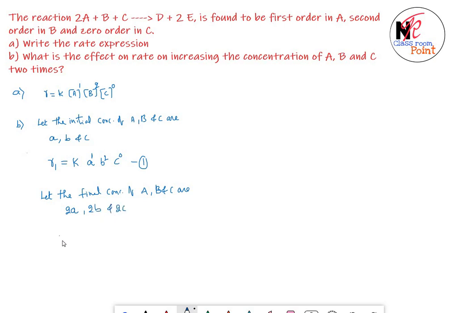Now again write down the rate expression. R2 equals K into 2a power 1, because with respect to A it is first order, and 2b power 2, because with respect to B it is second order, and 2c power 0, because with respect to C it is zero order. Let us take this as equation number 2.